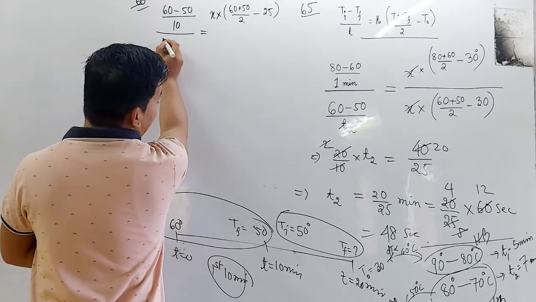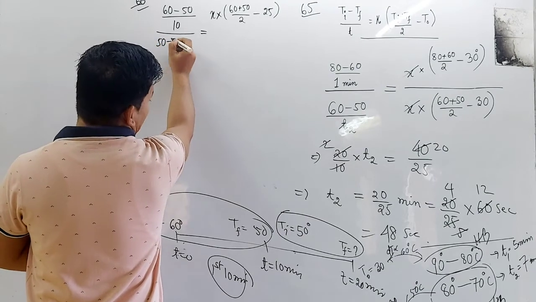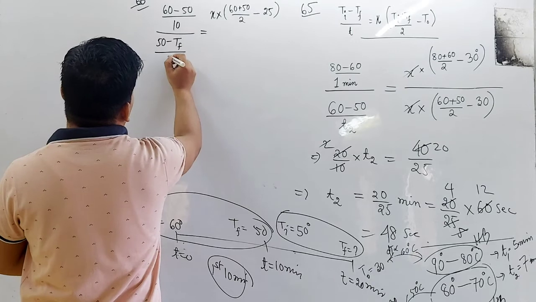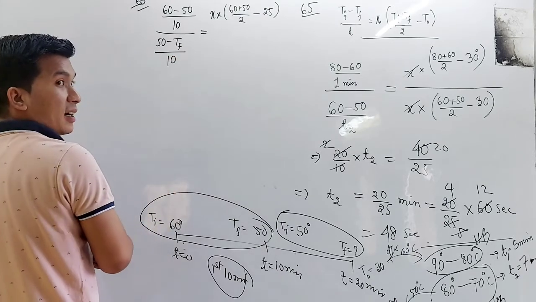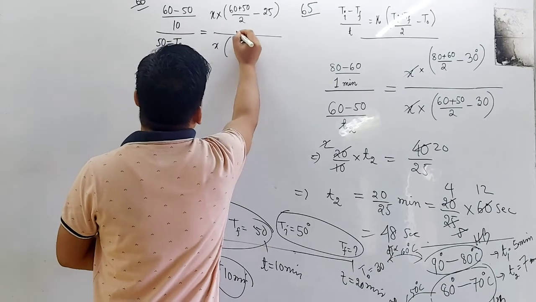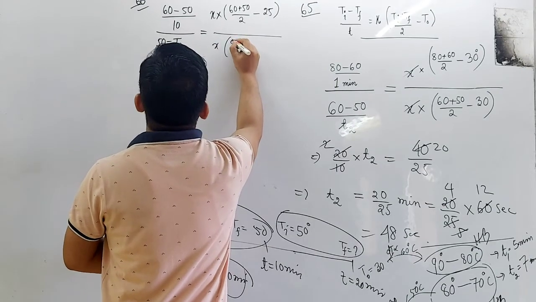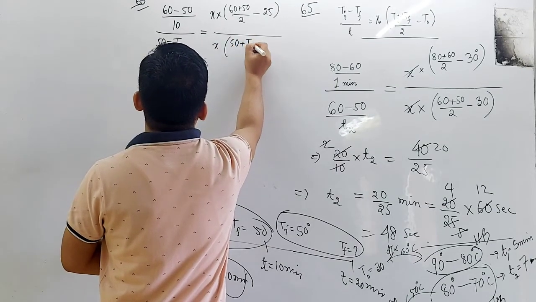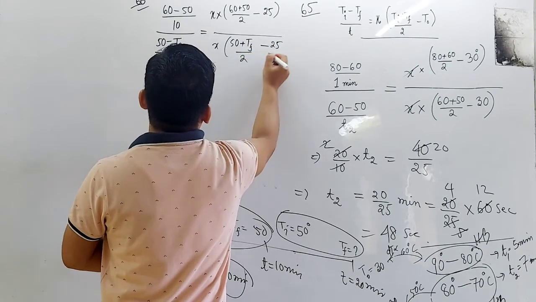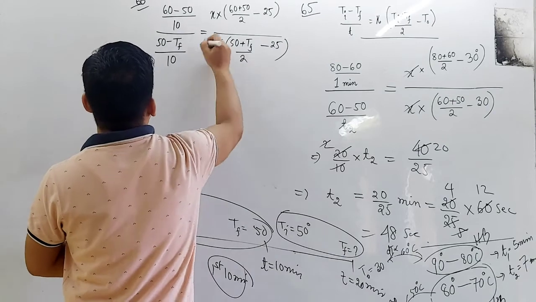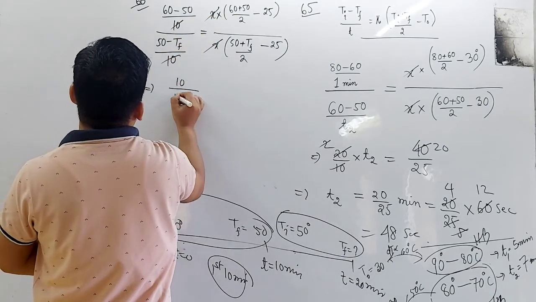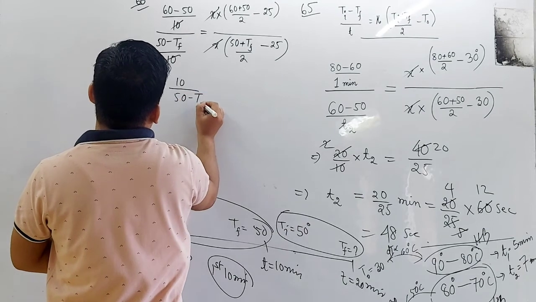50 minus Tf divided by, what is the next 10 minutes? This is 10 divided by this, which will be x, and this will be 50 plus the final minus 25 divided by 2. This cancels out, 10 cancels out, and we are left with 10 divided by 50 minus the final.